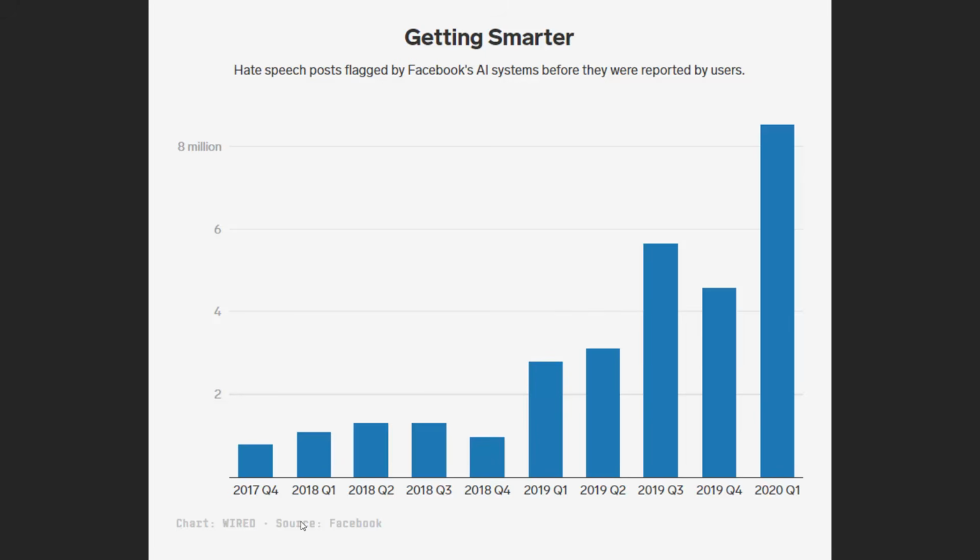And you can see in the bar chart in 2020 Q1 they reported more than 8 million hate speeches. So around this time they upgraded their algorithm, they made it smarter, and they benefited from that. So now they can automatically delete those hate speech posts from Facebook.